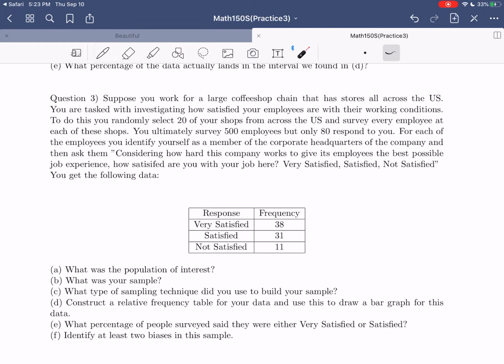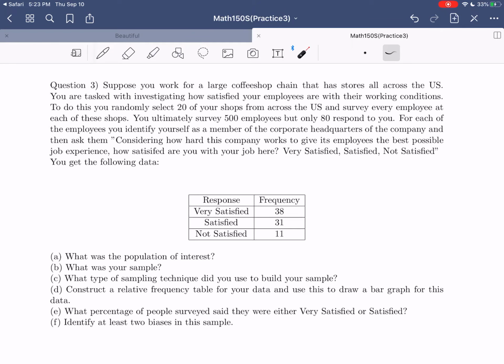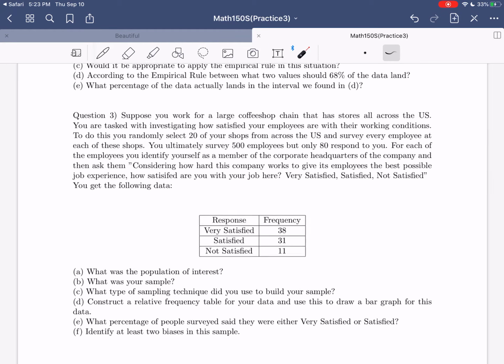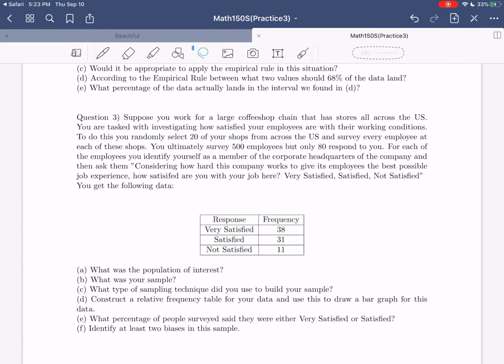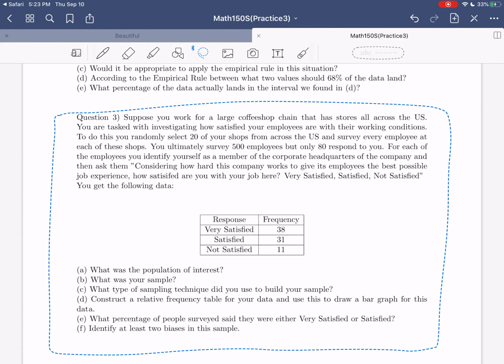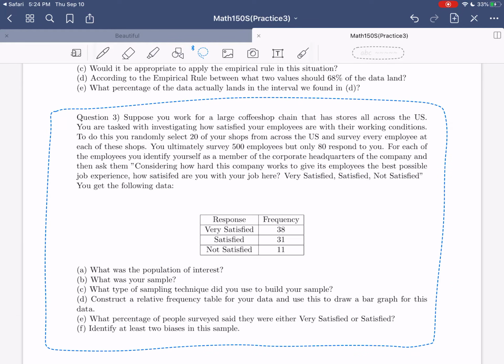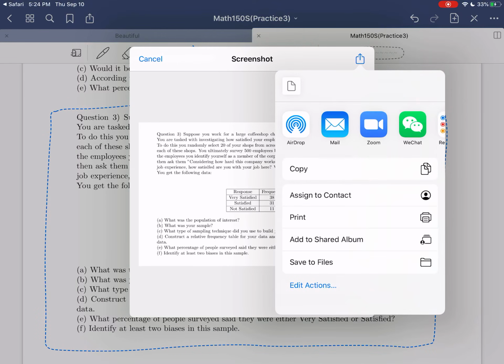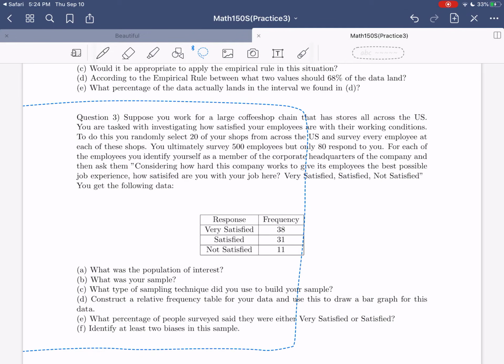So let's do a couple things with this. Let's just grab this real quick, take a screenshot of that and copy it, so that we can reference this.